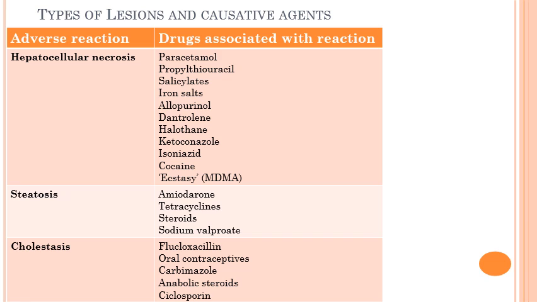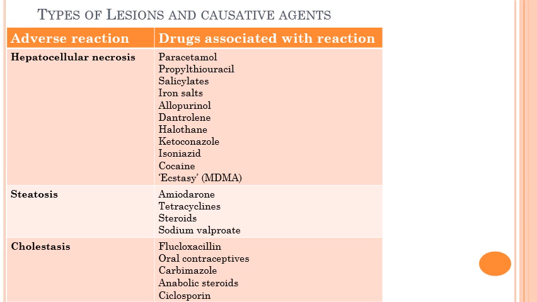In this table, the different causative agents that are causing different pathological changes in the liver are given. The first is the hepatocellular necrosis. These agents are causing damage to the liver cells.